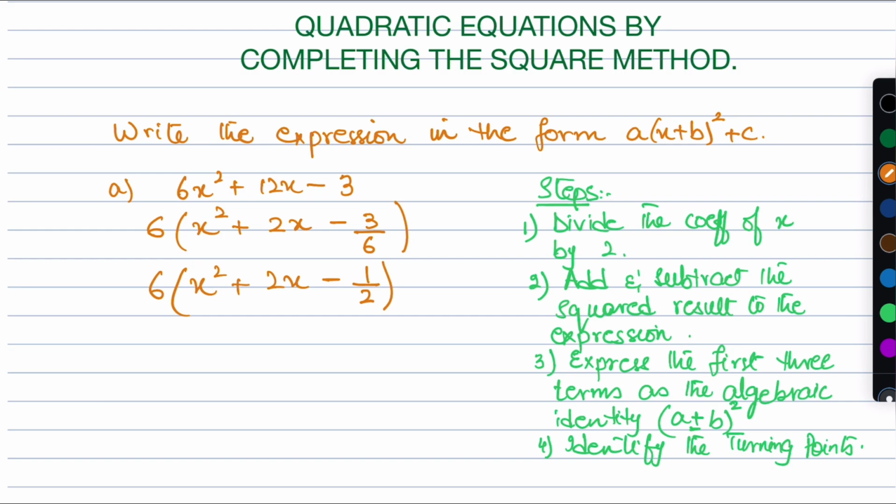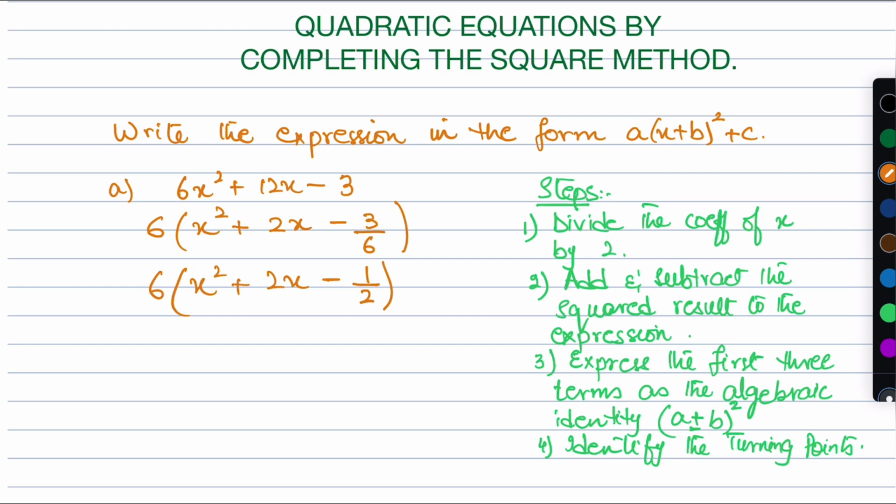I can see here that 6 is not 1, so I should take 6 common from the entire expression. If I take 6 common, I will be left with x squared plus 2x minus 3 by 6, or I can say 6 common, x squared plus 2x minus 1 by 2. 3 by 6 simplifies to 1 by 2.